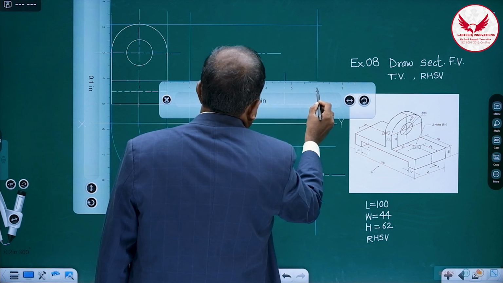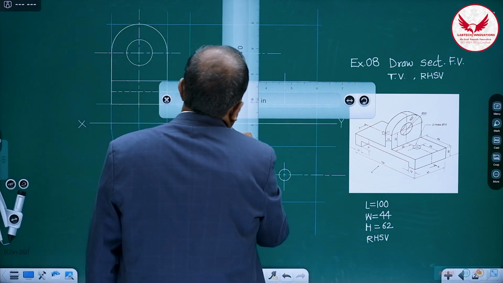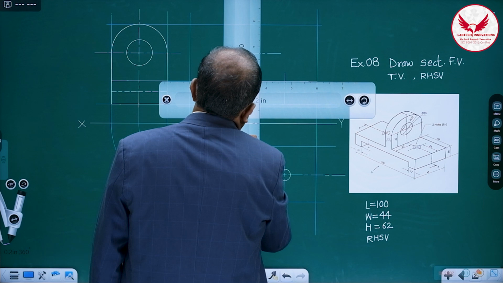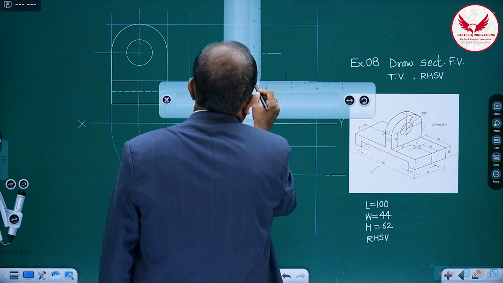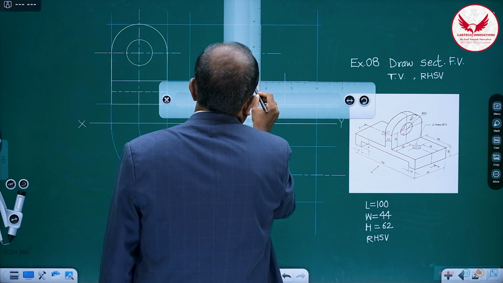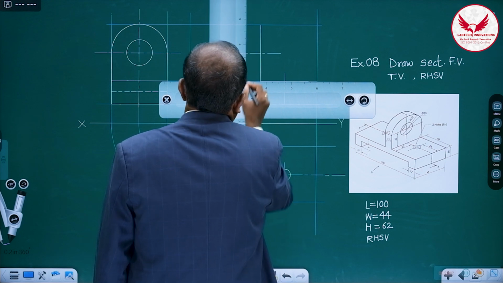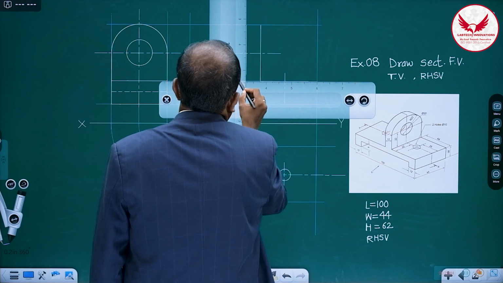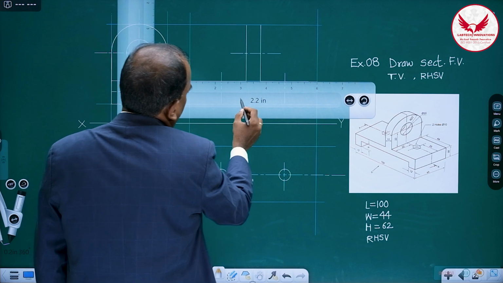We have to leave that portion central, and above it mark it right from the top, up to this. Similarly, like this. It is 12.